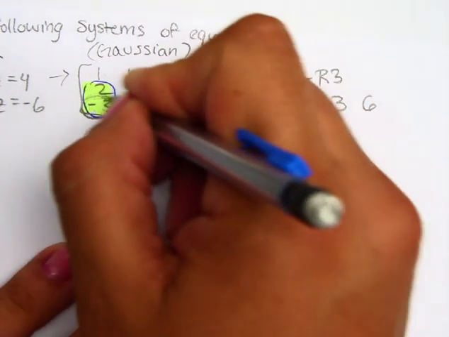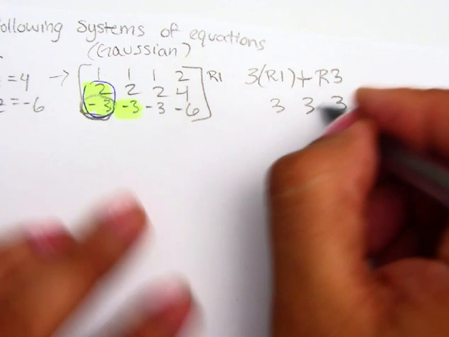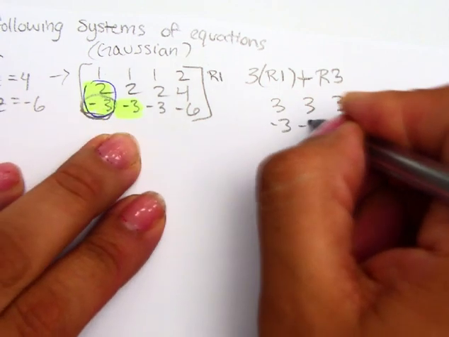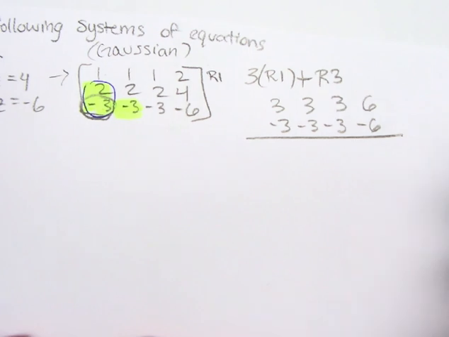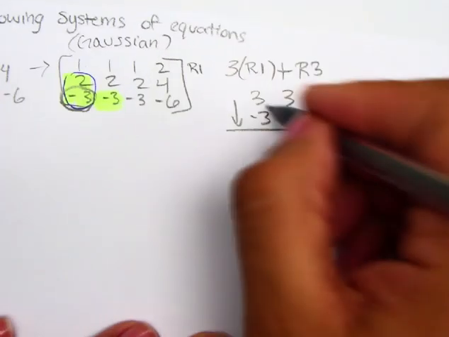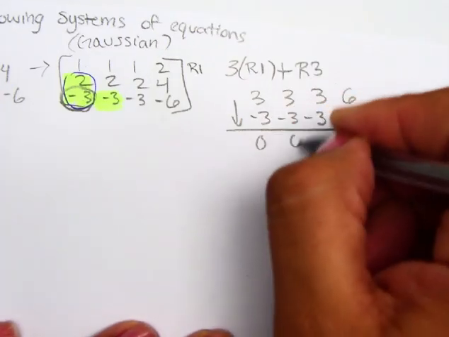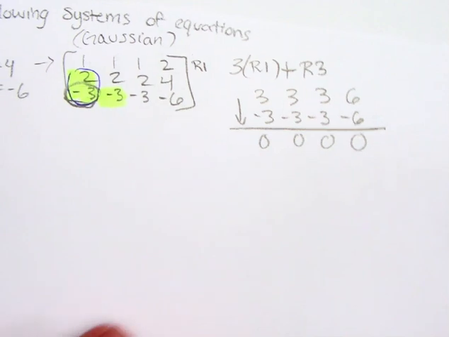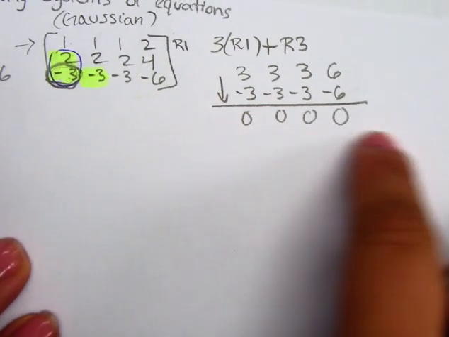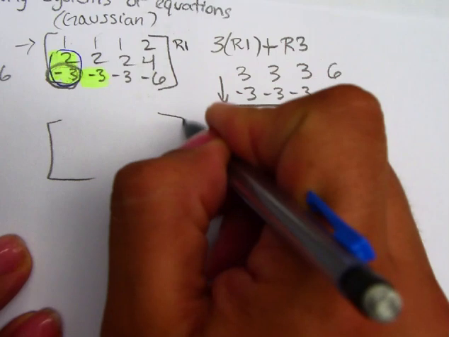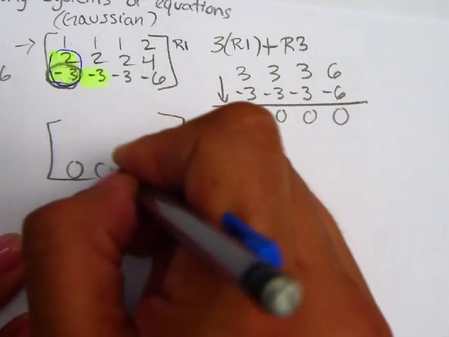So again, I'm focusing on this one. So I'm going to add row 3, which is -3, -3, -3, -6. And then we're going to add downwards. So that ends up with zeros all the way through. When you get into situations where in your matrix you have that, so now we're going to have 0, 0, 0 all the way.